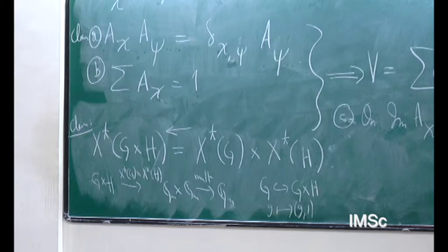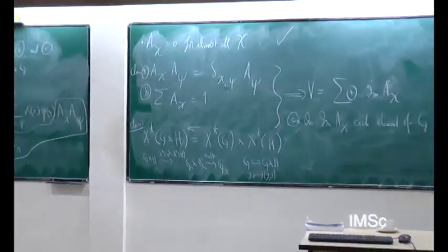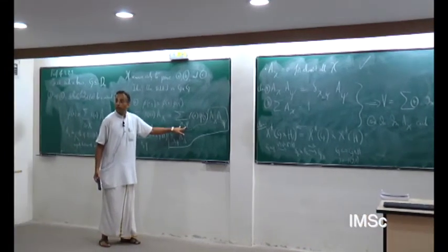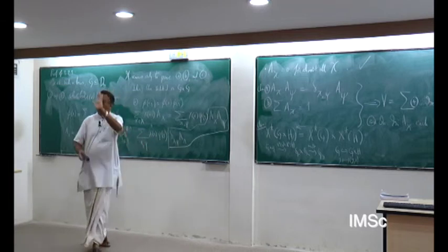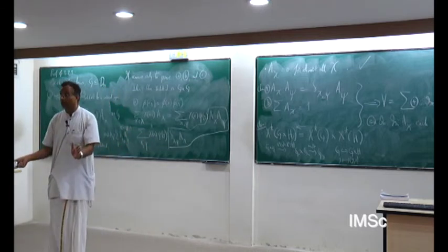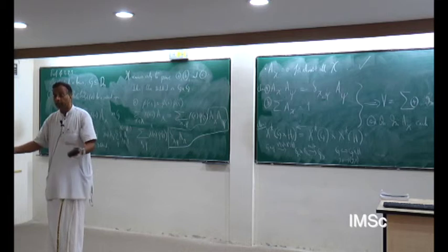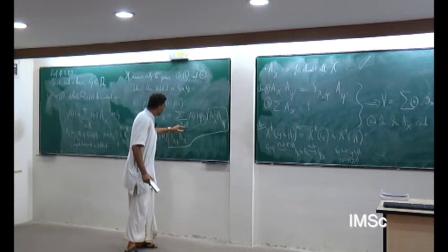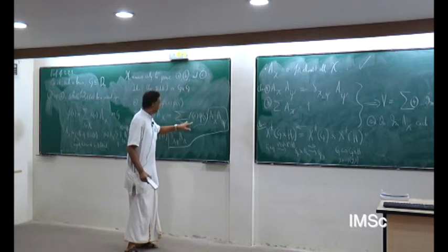So what does that tell us? Characters of G cross G are characters here times character here. So this sum is actually a sum over characters in G cross G, and they are distinct.